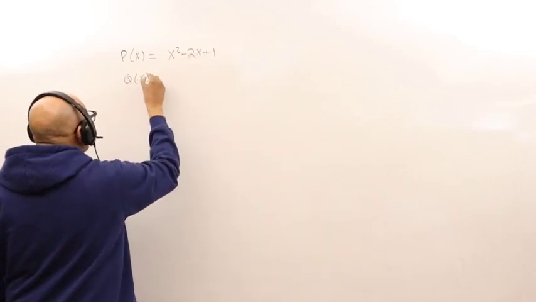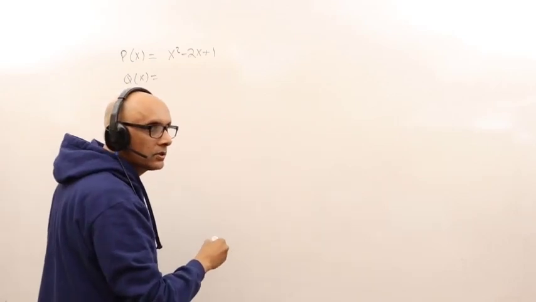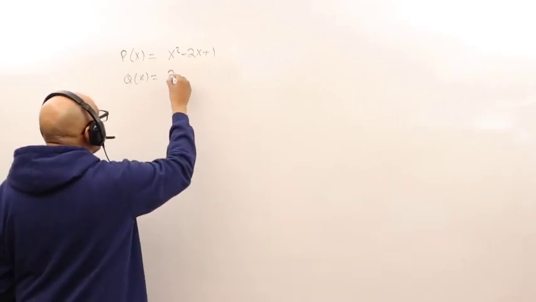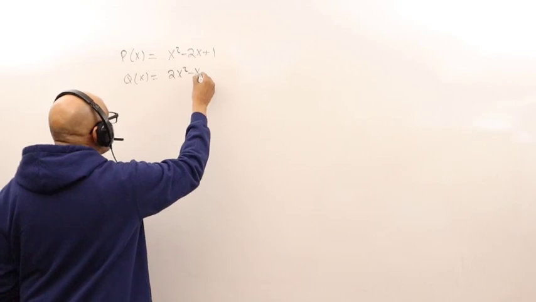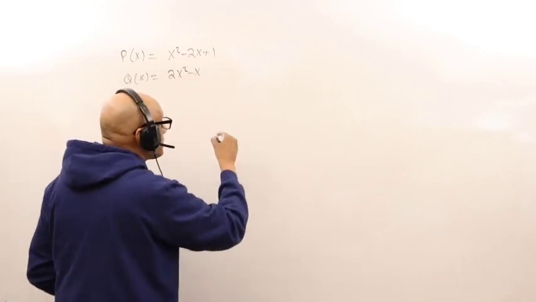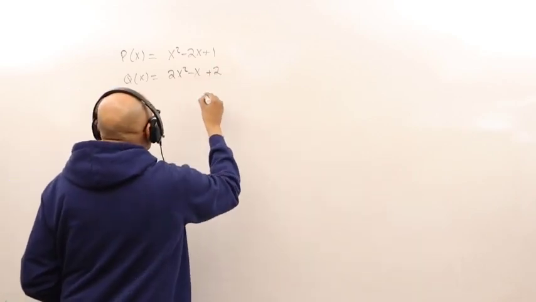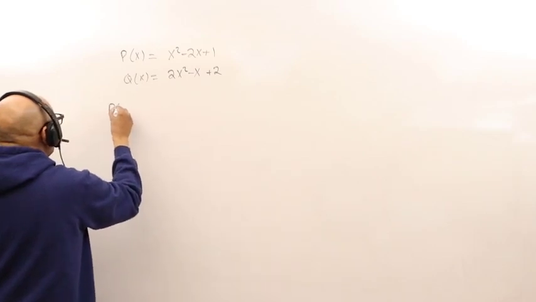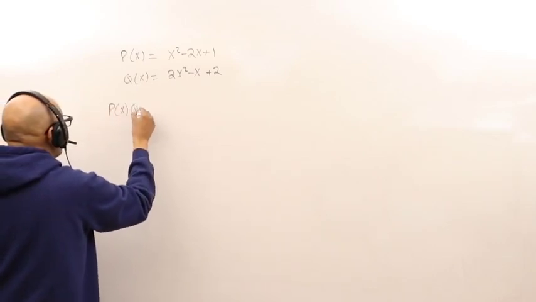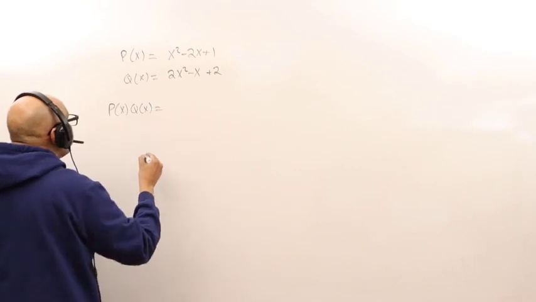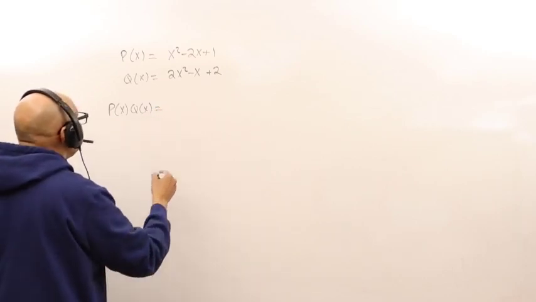Q of x is given by 2x squared minus x plus 2. So we have to evaluate p of x times q of x, or p times q.